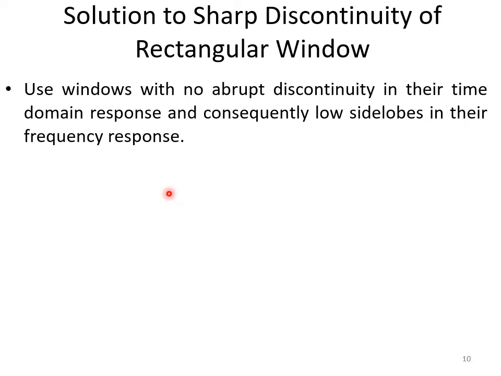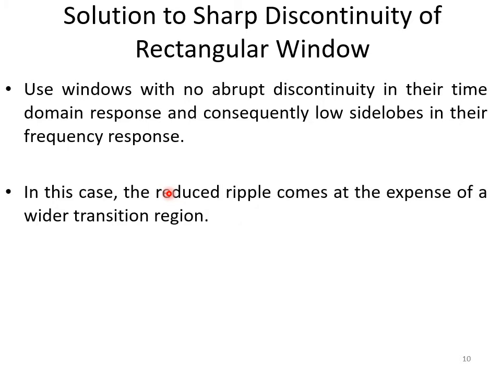When we do not have any abrupt discontinuity in the time domain, then in the frequency domain there won't be large side lobes. So, for that we can use another window function which has a smooth transition in the time domain. If we use another window function which does not have a sharp discontinuity, then we can solve the problem of ripples.